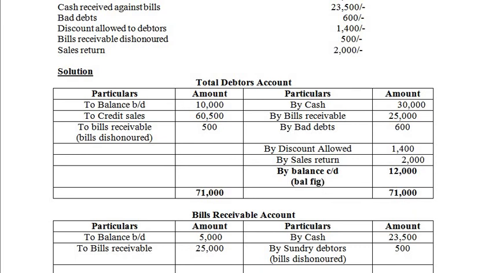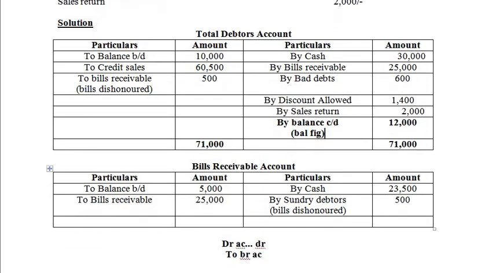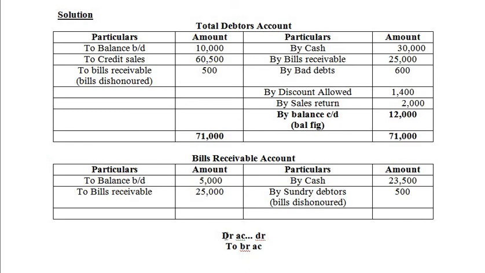I am writing the short form. Balancing figure, that is 12,000. Alright, I'll just delete this particular entry.